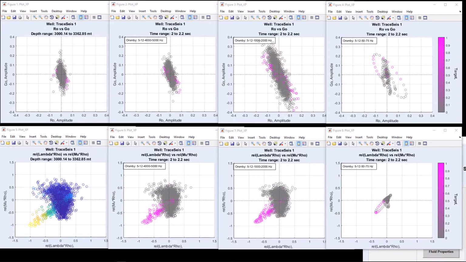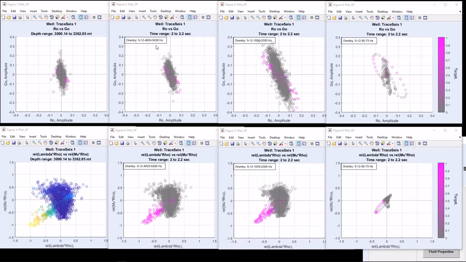In this part of the analysis, we're going to compare attributes computed in depth at well log resolution with those computed in time at seismic resolution. The first crossplot to the left is the normal incidence and gradient crossplot computed in depth at well log resolution, and the next to the right are the equivalent attributes computed at seismic resolution with a very broad bandwidth of 4000 to 5000 Hz as the upper limit.